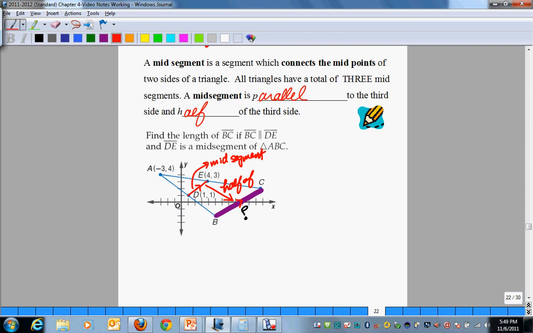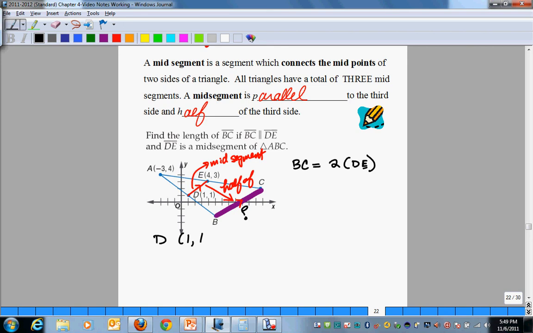So if we want to find the length of BC, we know B to C equals 2 of the mid-segments, which is DE. So now we're going to find the distance of D to E.